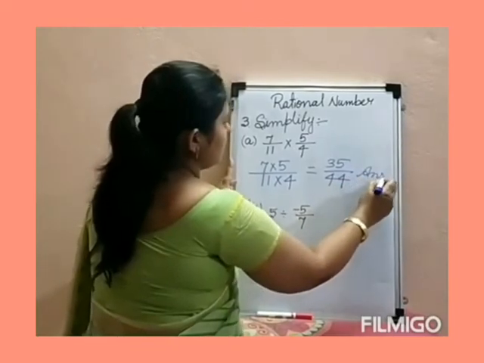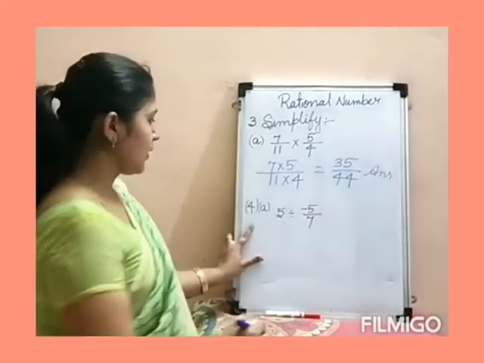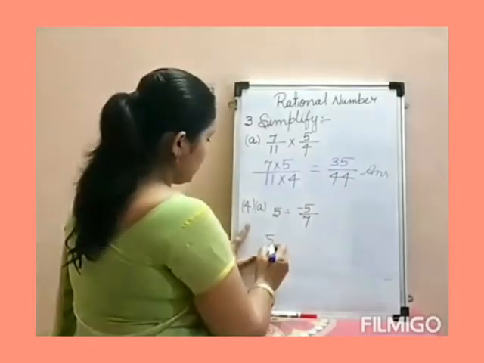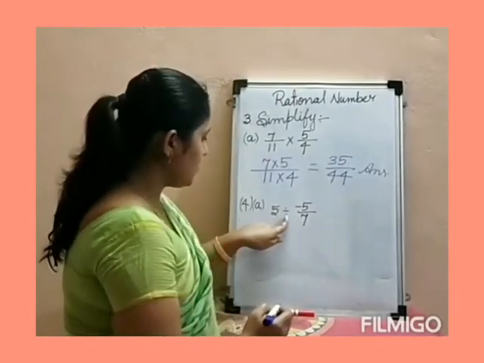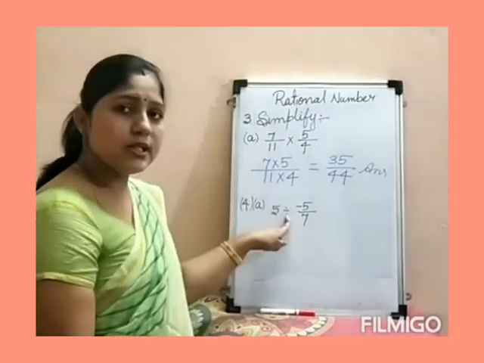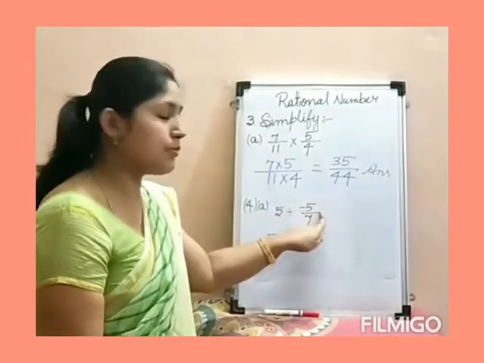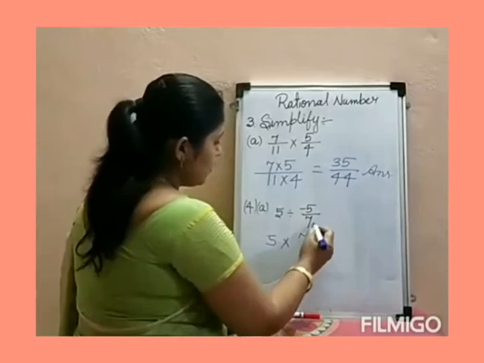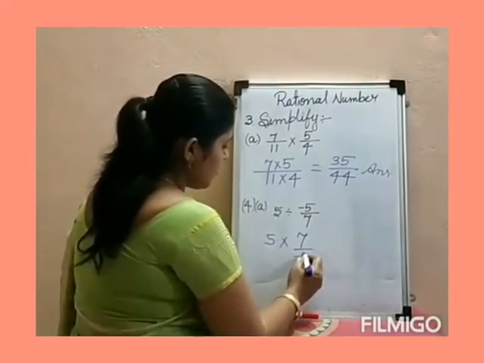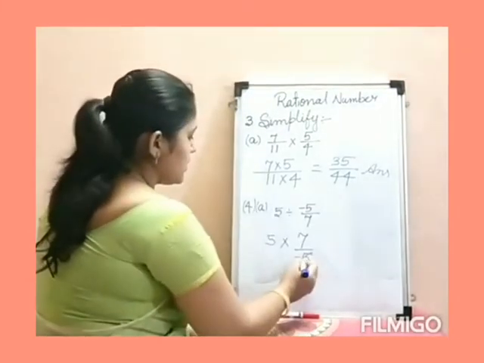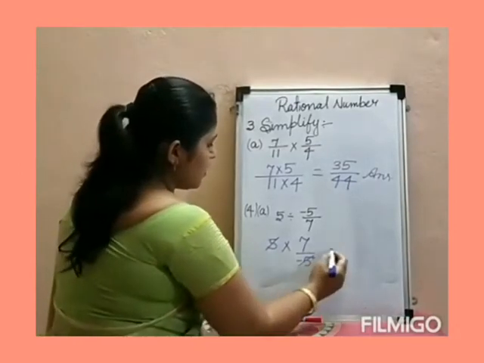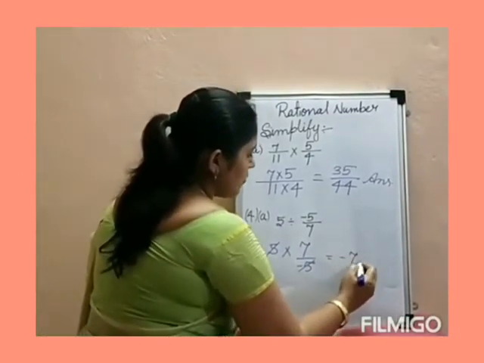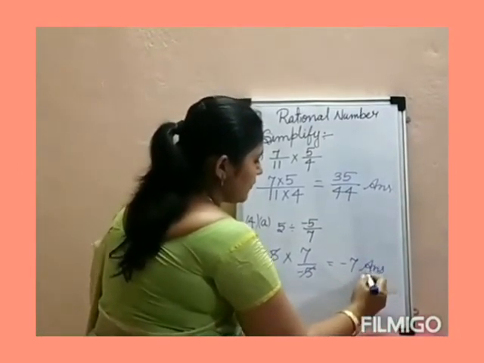That is your answer. Next is division. First number is 5. And when we convert this division sign into multiplication, the next number will be reciprocal. Reciprocal means 7 will be numerator and minus 5 will be denominator. Cancel this 5 and 5. This sign will be here. So your answer will be minus 7.